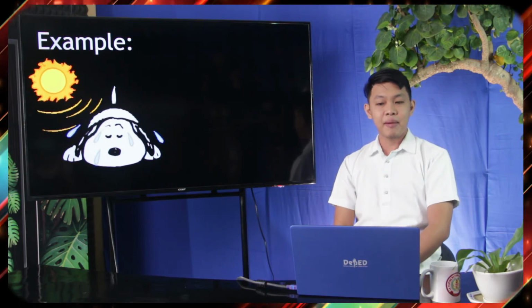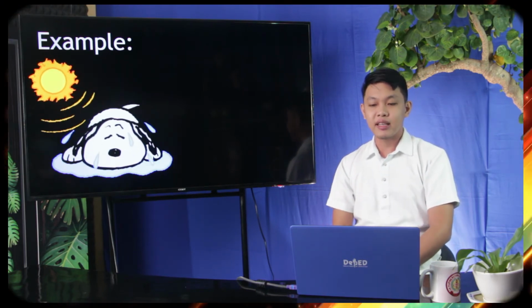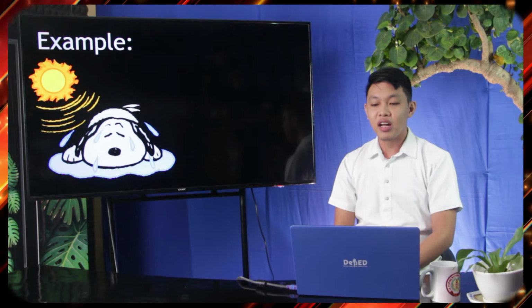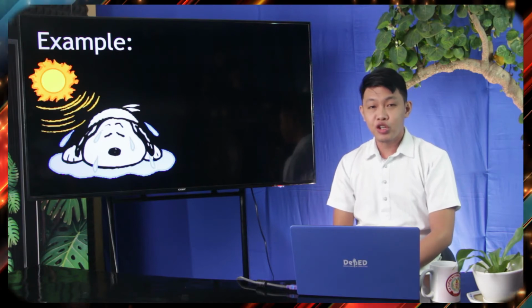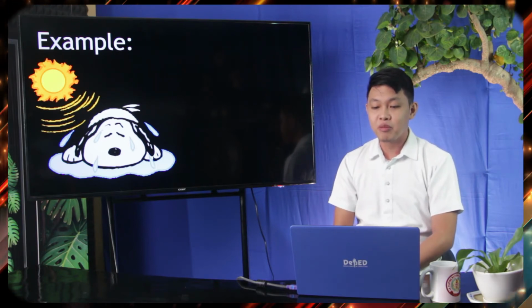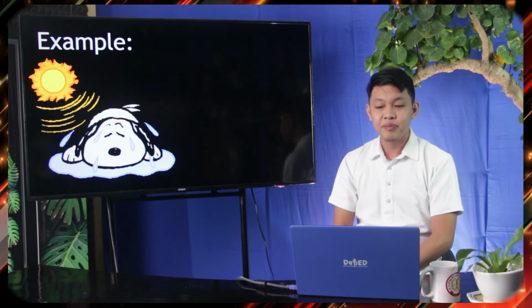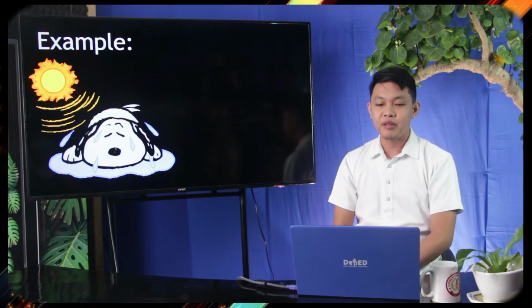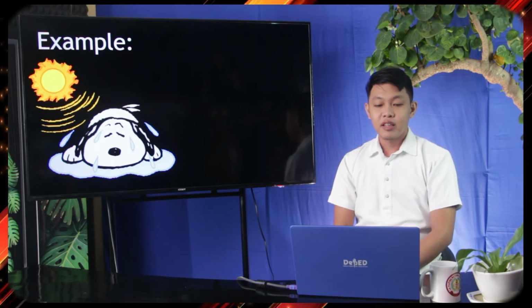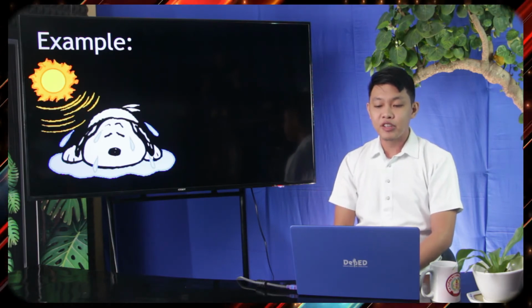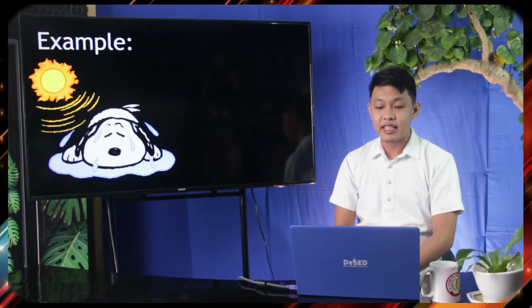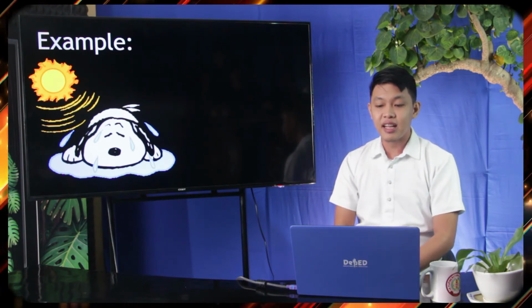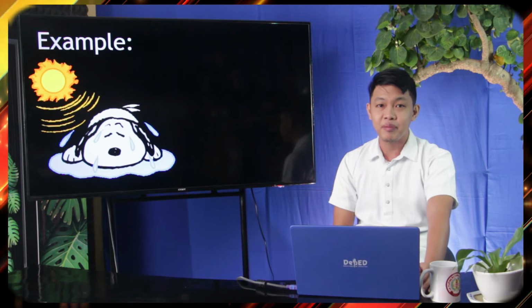Let's have, for example, sweating. Sweating due to hot temperature. Do you remember what feedback mechanism this is? It is an example of negative feedback. In this example, the receptor is the nerve cells in the skin which senses the hot temperature outside of the body.